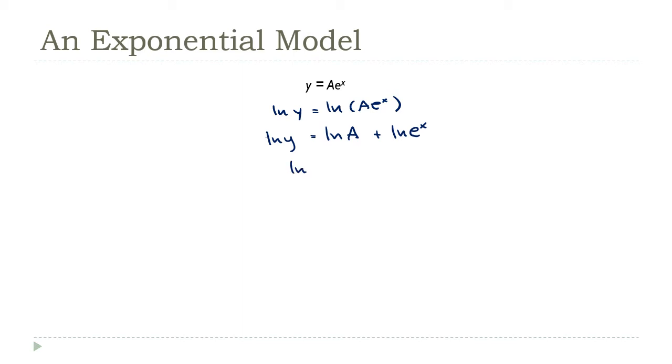So this becomes log y equals log a plus x. And that is a linear equation, right? It's a linear equation if we treat this log of y as being a single variable. So let's see how we can graph this and see what's going on.